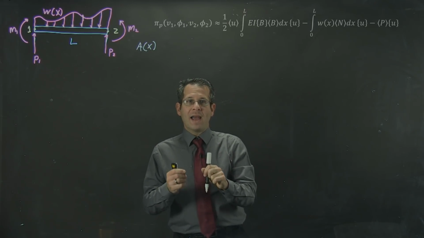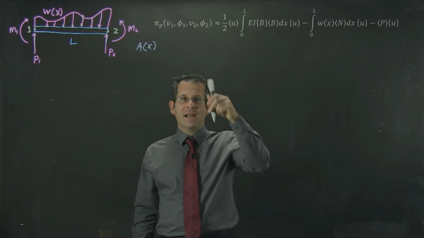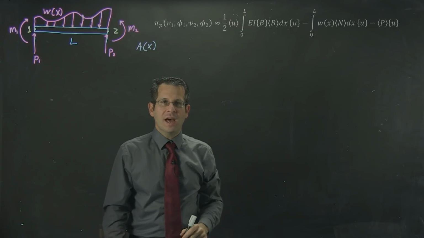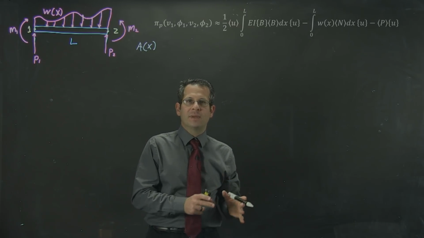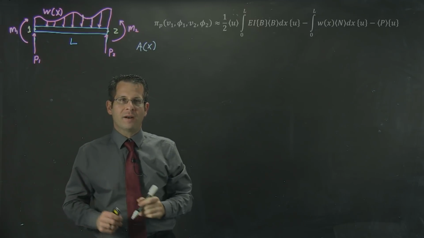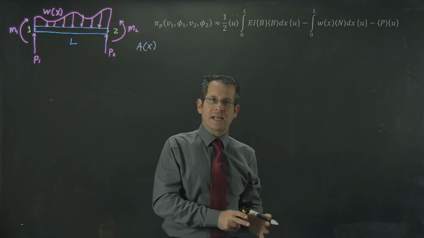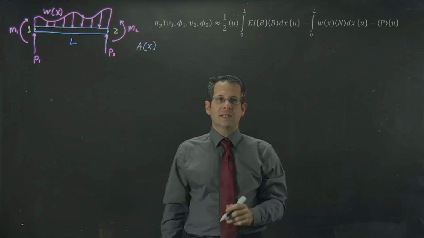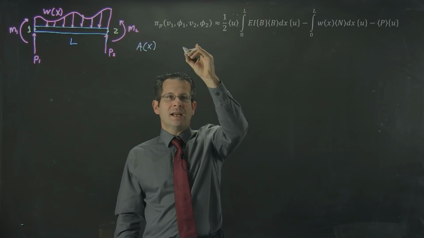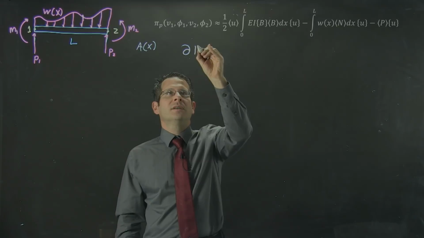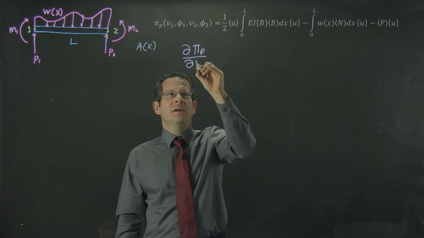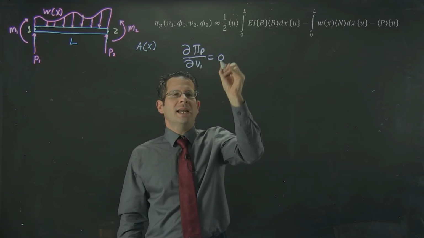The way I find the v1, phi1, v2, and phi2 that are the displacements that give me the minimum amount of potential energy is just like I did for the bar element and just like I did in my Calculus 1 courses. I'm going to take the partial derivative of this function with respect to v1, and set it to 0.